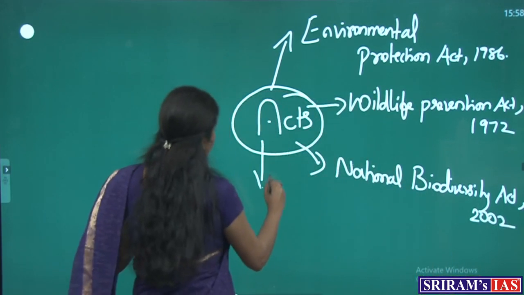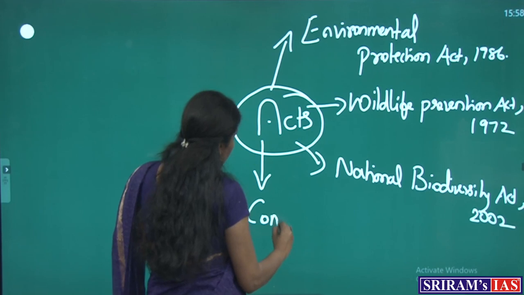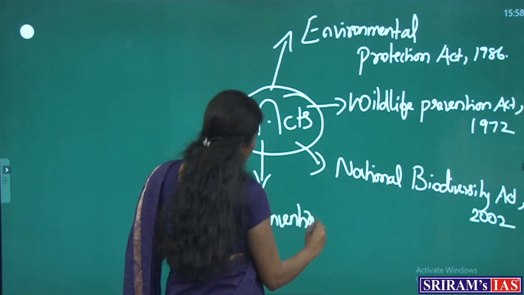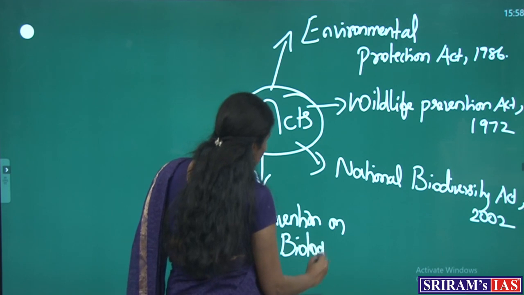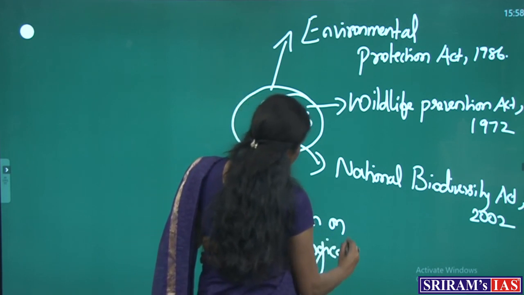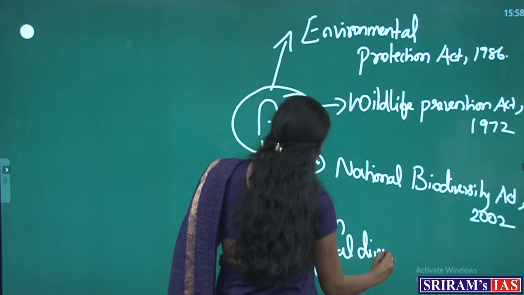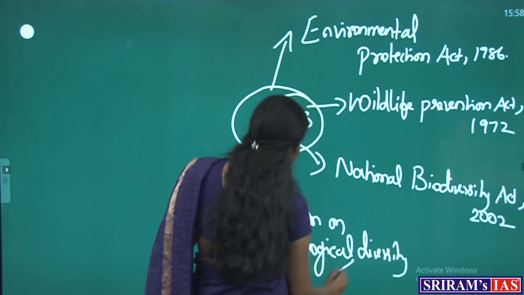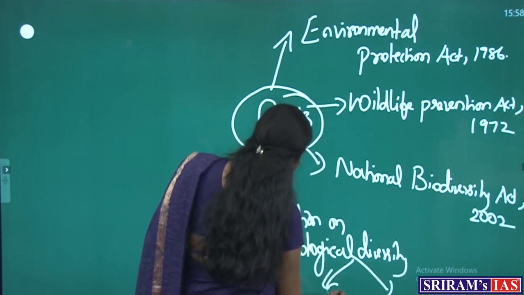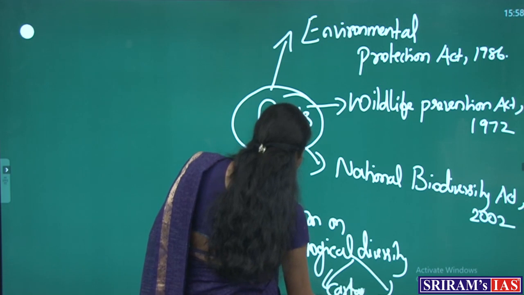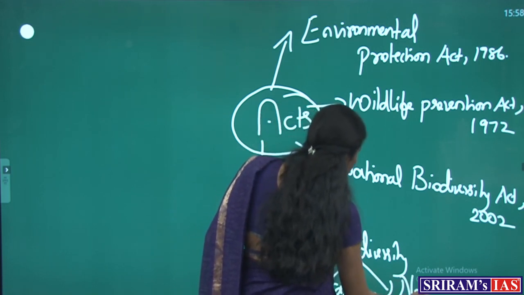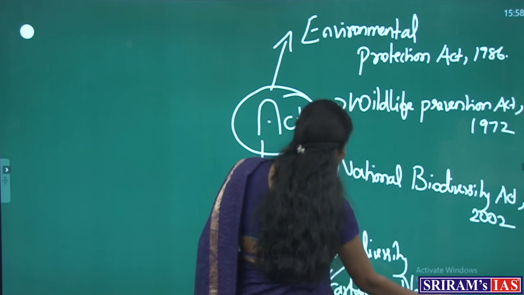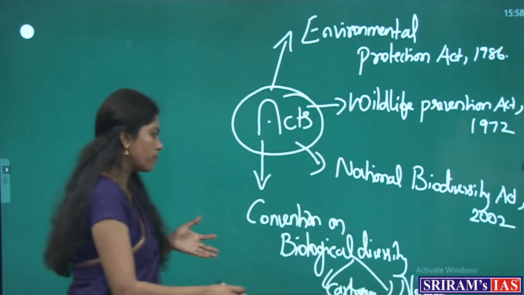Even conventions like the Convention on Biological Diversity we have. To safeguard biological diversity we have the Biological Convention, and two more under this, the Cartagena and Nagoya protocols. You will study in environment elaborately. So, to safeguard the biological diversity we have these.